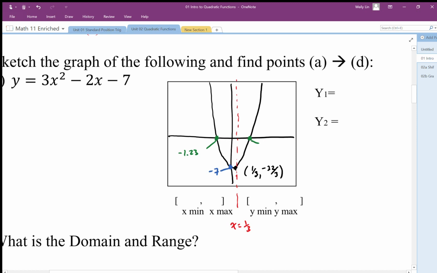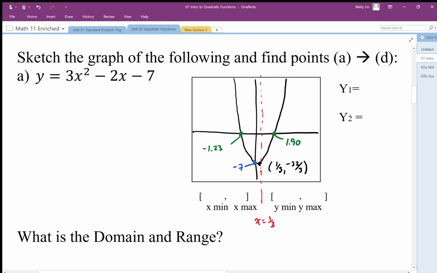And this coordinate here is at 1.896. I'm going to round that to 1.90. Okay, so those are my zeros, my axis of symmetry, my vertex, and my y-intercept.